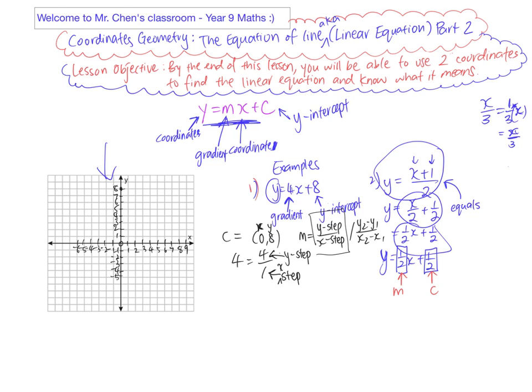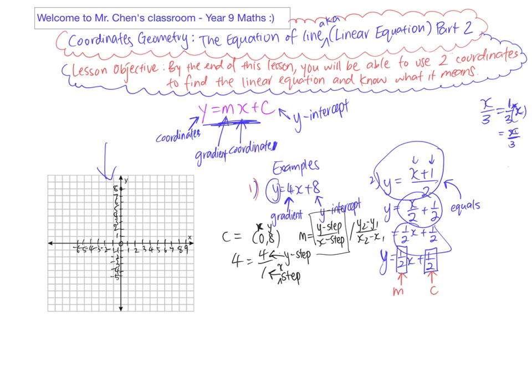So let's begin. We have the intercept, which is 8, so we know the line is going to pass through 8. By the look of it, the gradient is 4, which means it's a positive slope, so it's going up. Always going up with a positive slope.